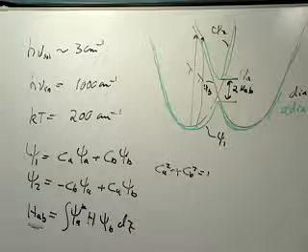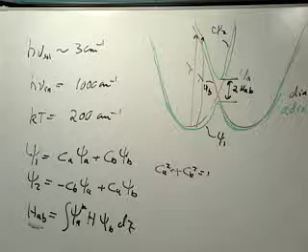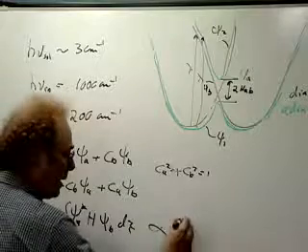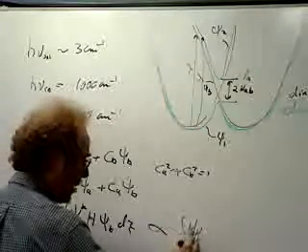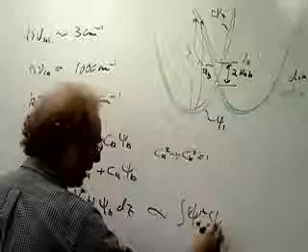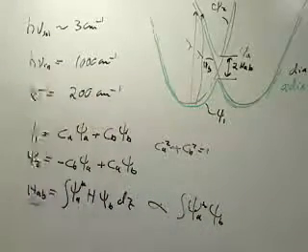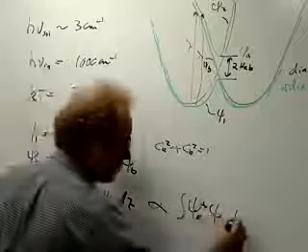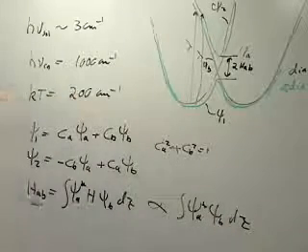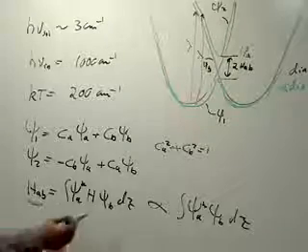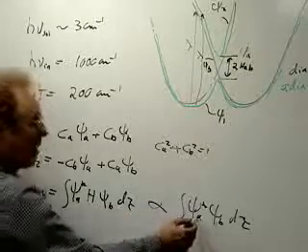And this is going to be proportional to basically the integral of psi A star psi B d tau, so that it's really controlled by the overlap of the wave functions.